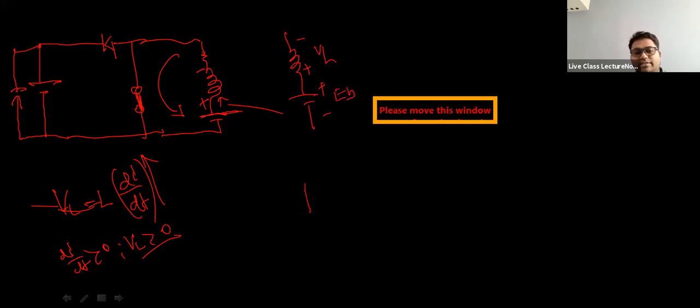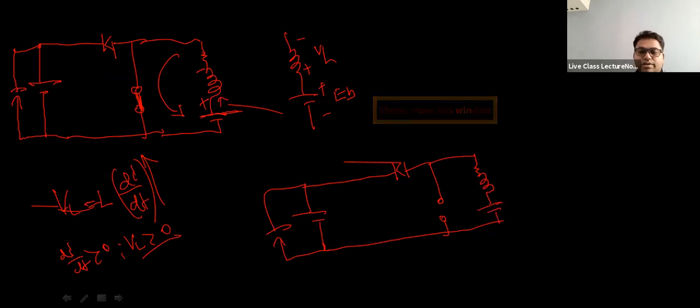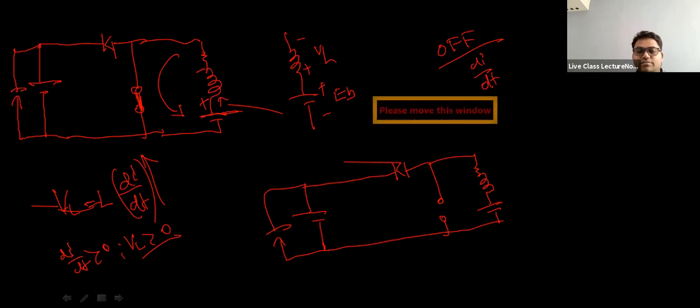Now in the second mode, what is happening? In the second mode, the switch is off now, right? The switch is off, and now di/dt will still be positive or negative at the switch-off condition? That value of current will try to decrease now. Is it not so? Negative.